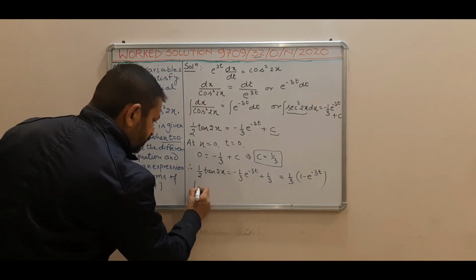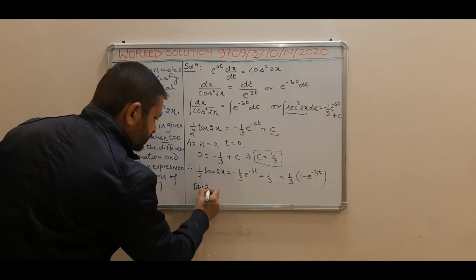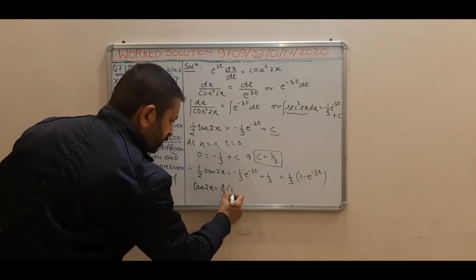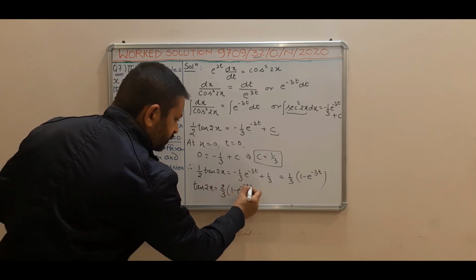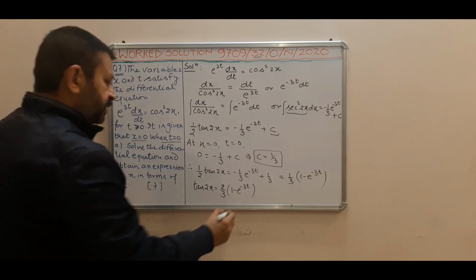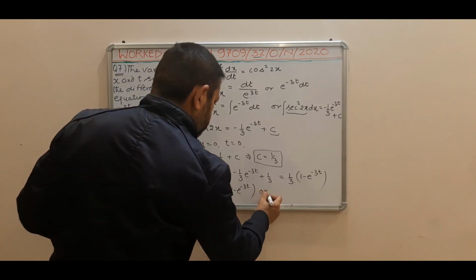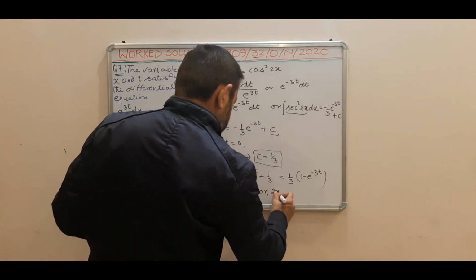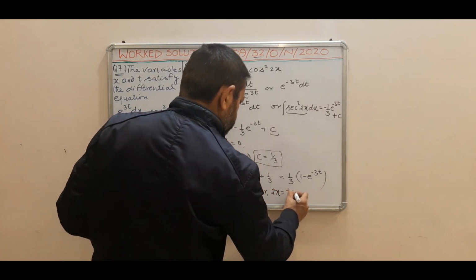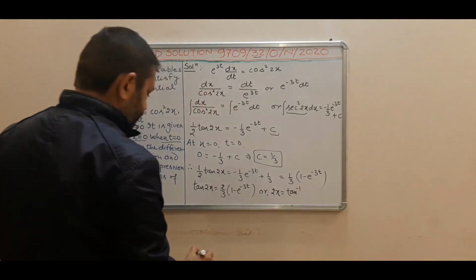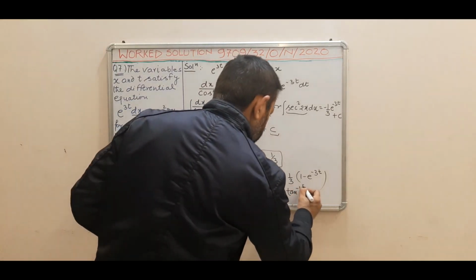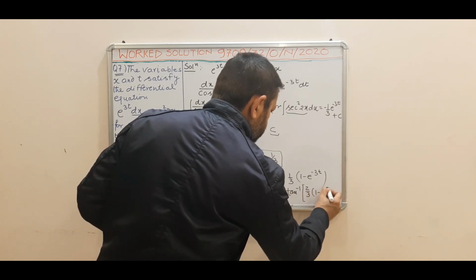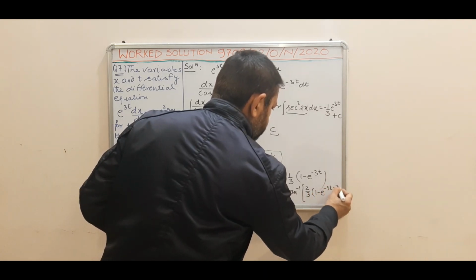Then tan 2x is equal to 2 upon 3 into 1 minus e to the power minus 3t, or 2x is equal to tan inverse of 2 upon 3 into 1 minus e to the power minus 3t.